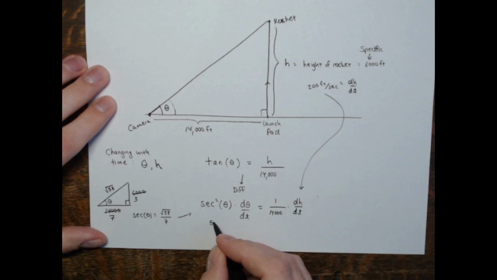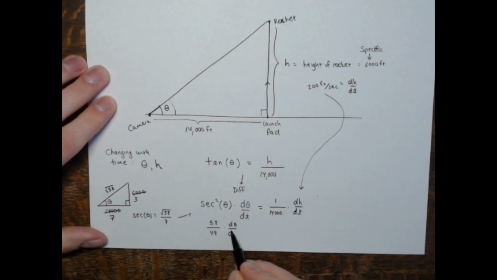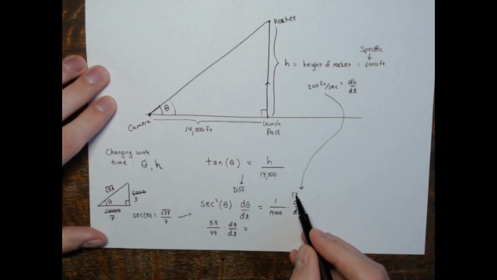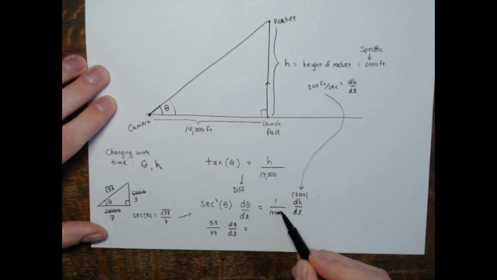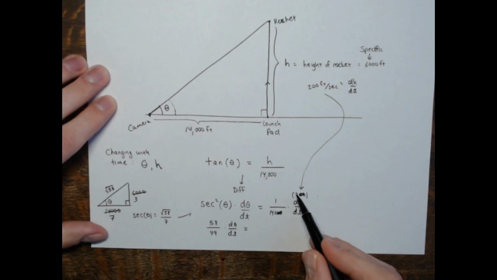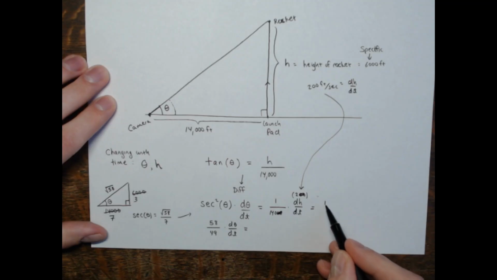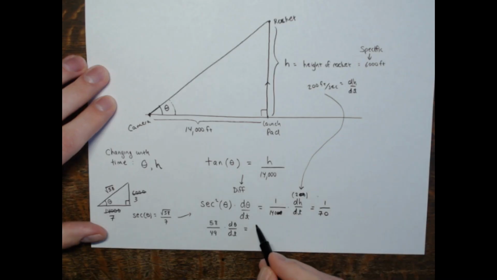So we'd have 58, the square root's gone, over 49, that's 7 squared, times dθ/dt, equals, and then over here, putting 200 feet per second in for that, you get rid of 2 of the zeros, and then 2 goes into 140 70 times, this becomes 1/70th. And that would multiply by 49/58.